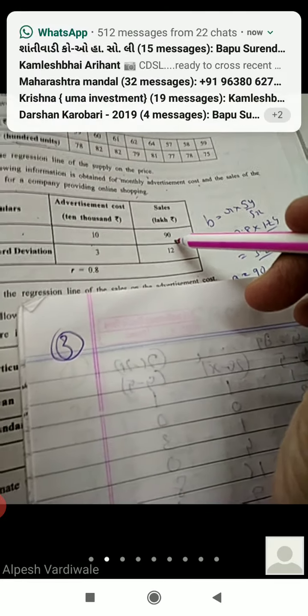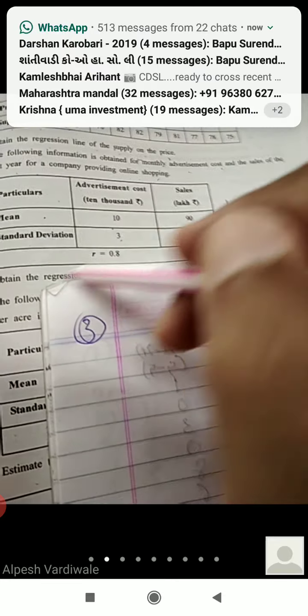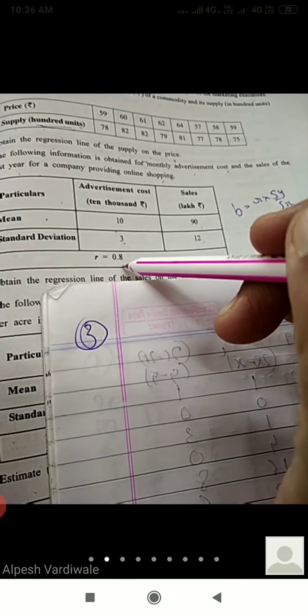X bar is given 10, Y bar is given 90. SX is given 3, SY is given 12. R is 0.8. Here you have to obtain the regression line of sales on advertisement cost. So what is given here? Let's see.